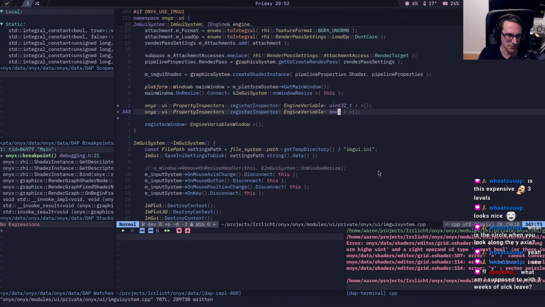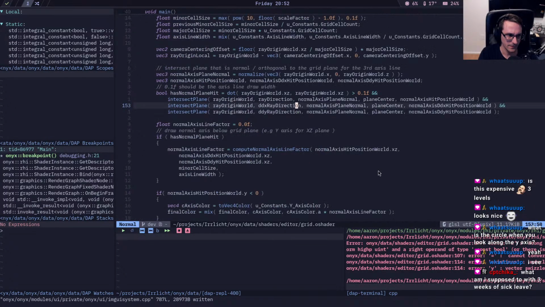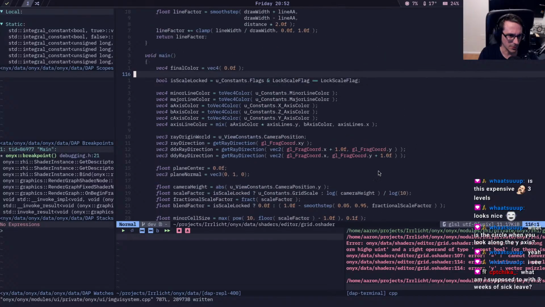Grid shader. Is that not working or what?